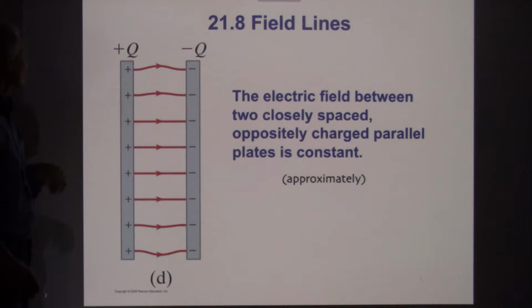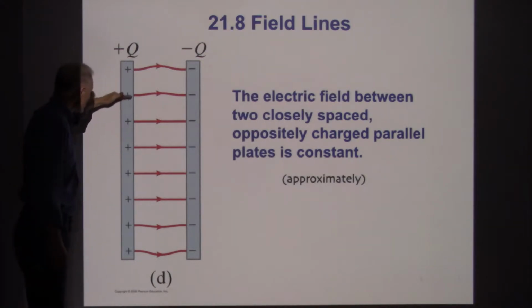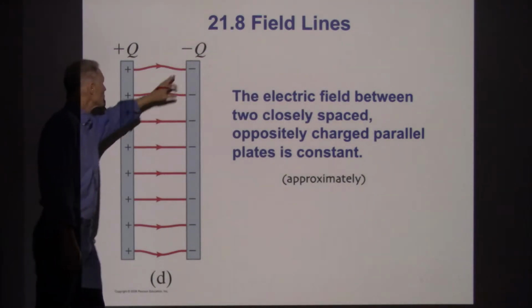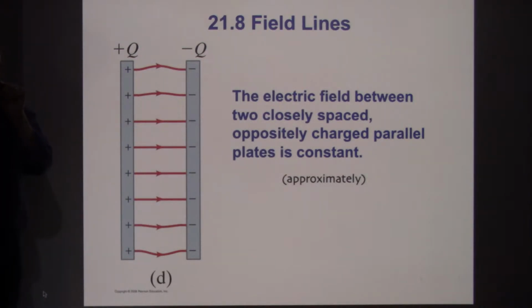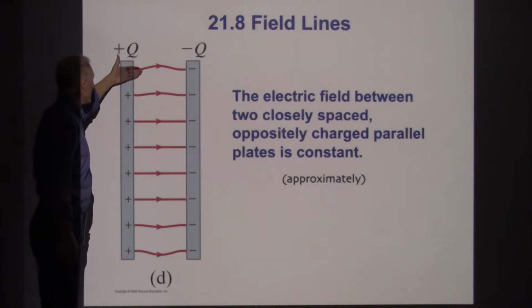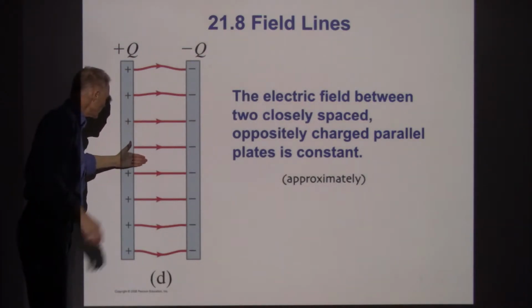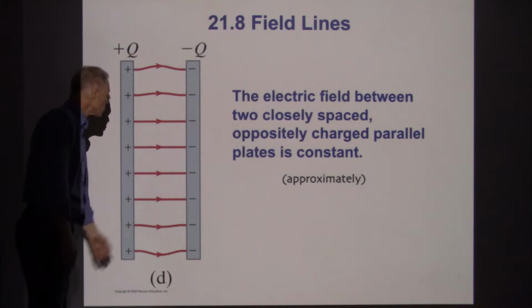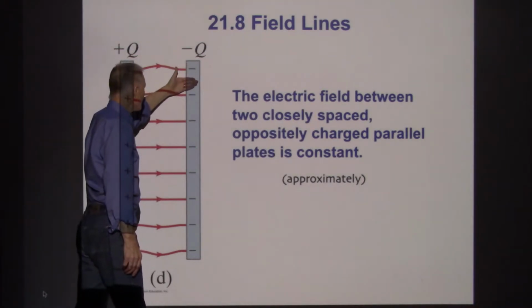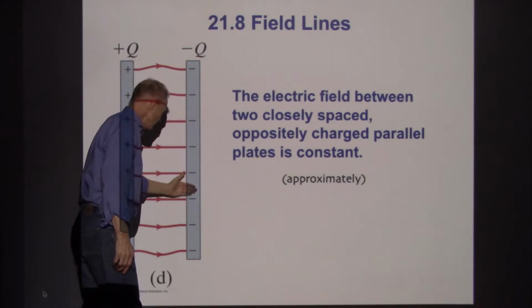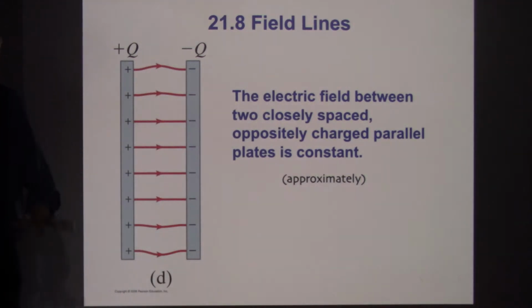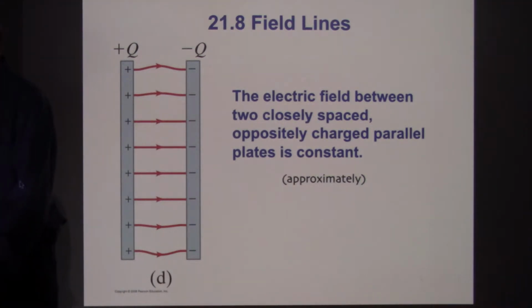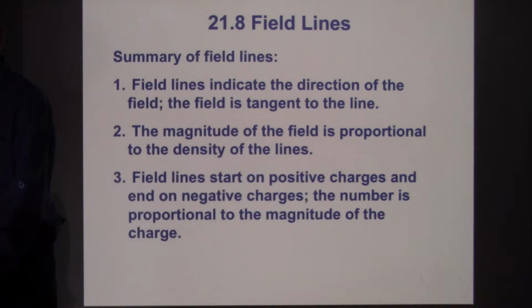If I have a uniform distribution of positive and negative charges here, the electric field lines are going to be directed away from the positive charges towards the negative charges. So I start with a series of field lines directed away from the positive charges, and they terminate at equally spaced locations on the negative plate. That's my diagram for what the field will look like.